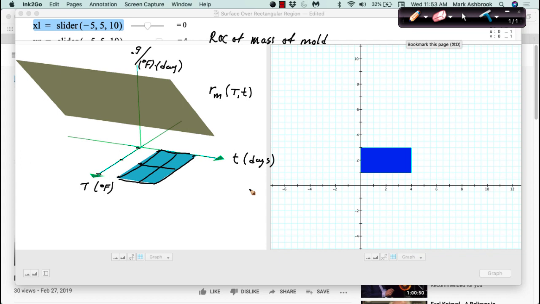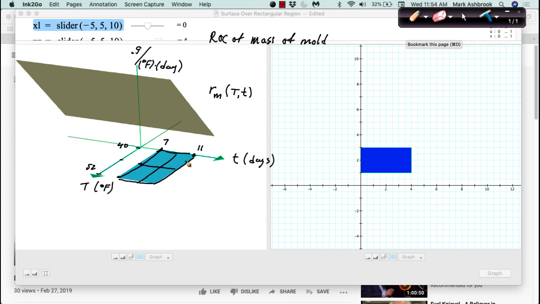Say we're interested in temperature changing from, maybe this is say 40 to 52 degrees Fahrenheit, and then over the time frame from 7 to 11 days or something like that. And so we're interested in how much total mold mass would we accumulate in that case.